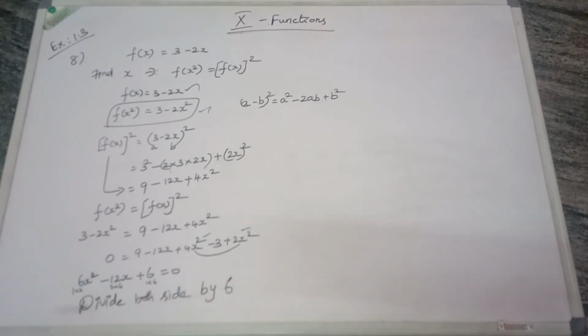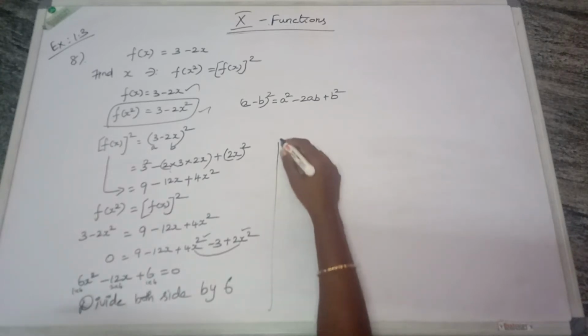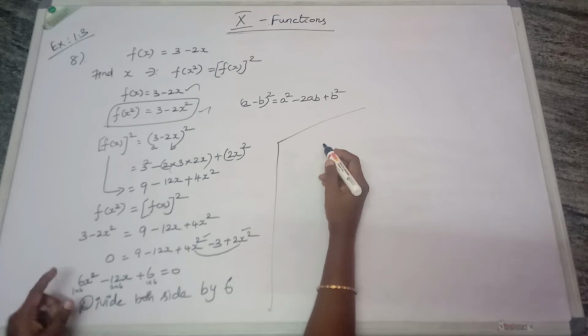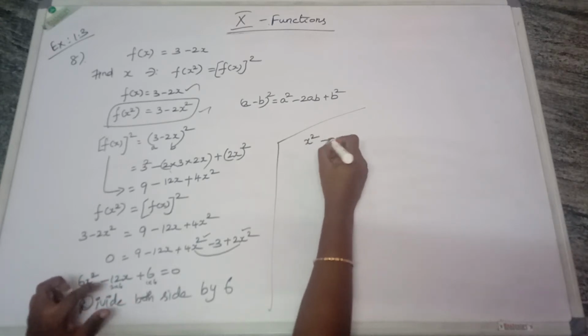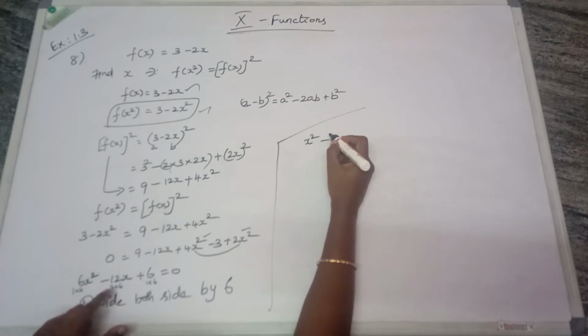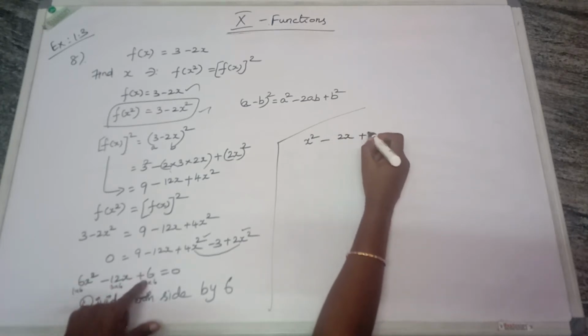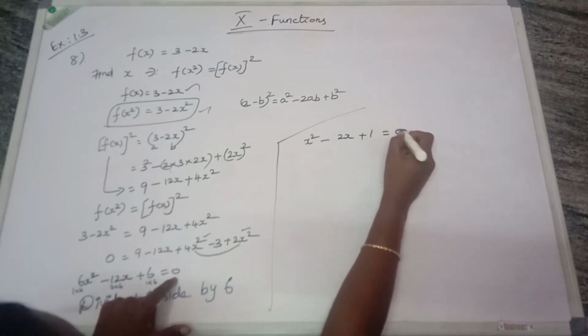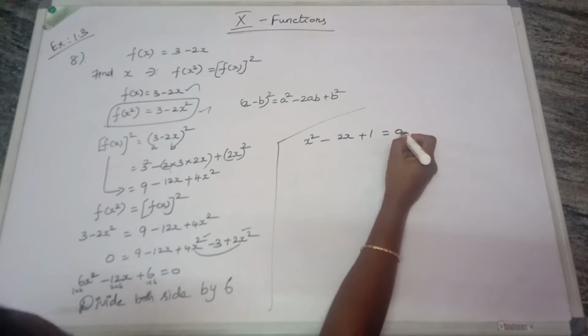Each and every term on the left side is divided by 6, and the right side is also divided by 6. So 6x square by 6 gives x square, minus 12x by 6 gives 2x, and plus 6 by 6 is 1, equal to 0 by 6, which is 0. If we divide 0 by any number we have 0.